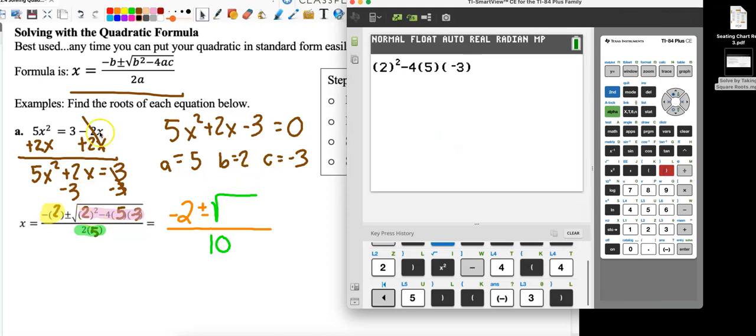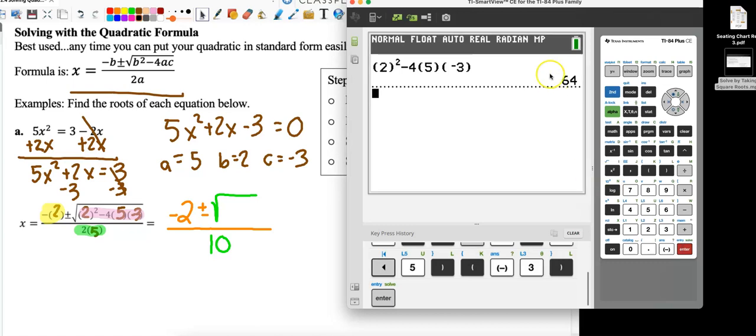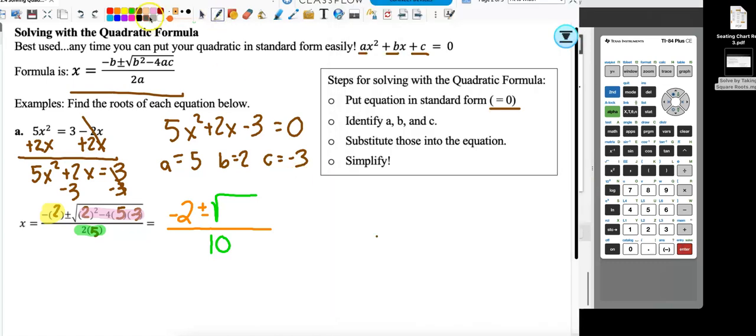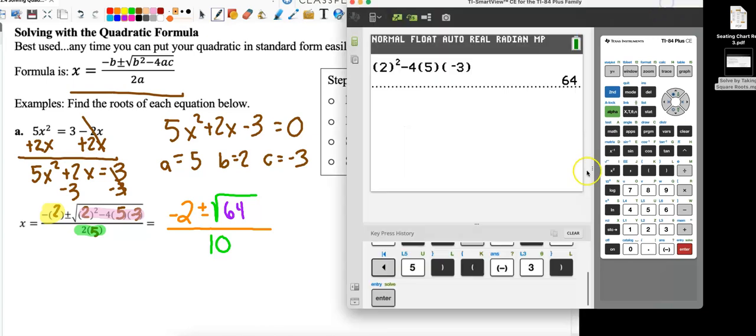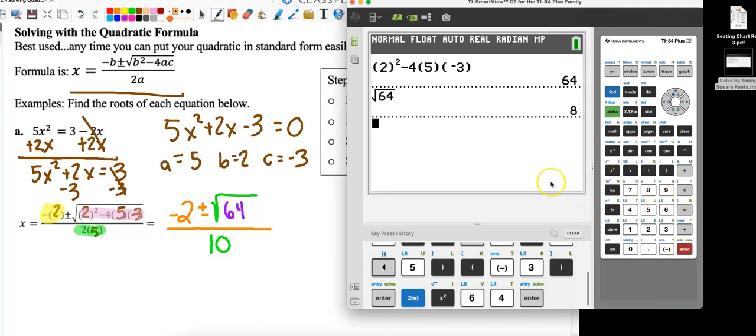Okay, so you're going to type in the b squared minus 4ac into the calculator, and we get 64. That is your number underneath the square root. 64 is nice because it's a perfect square. The square root button is in blue, so if I hit the blue button and then the x squared button, that'll come up. Square root of 64 is an 8.